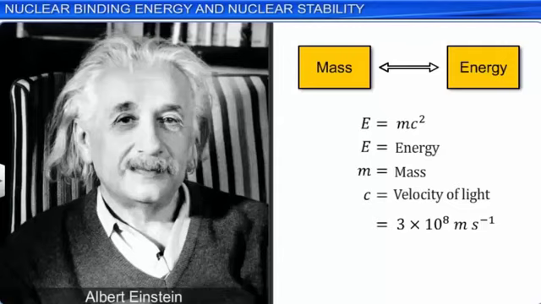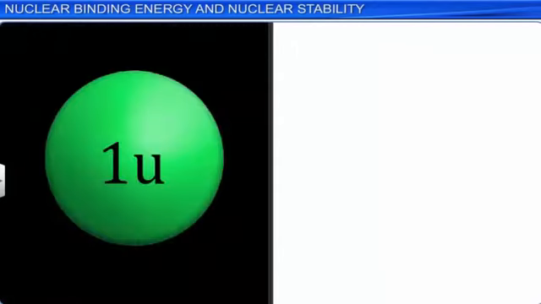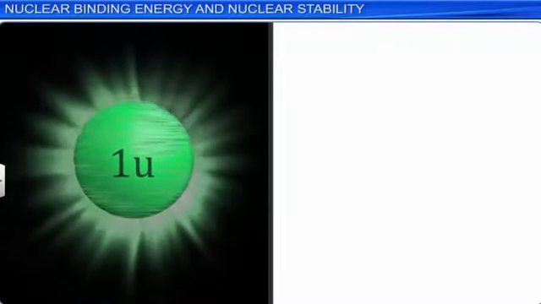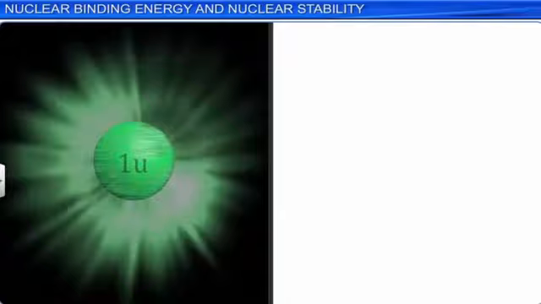Let us now look at how much energy is released when one atomic mass unit of mass is completely destroyed. We know that the energy E released during this process is given by E equals mc².